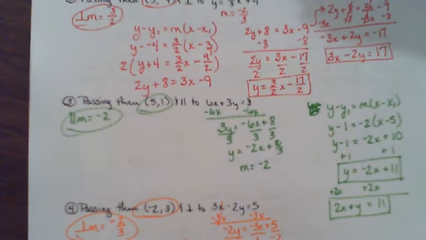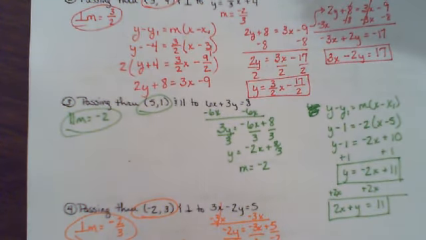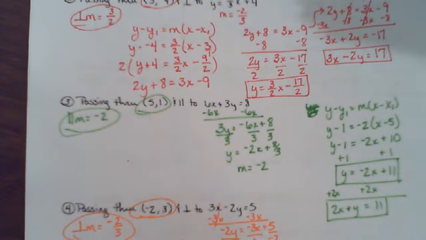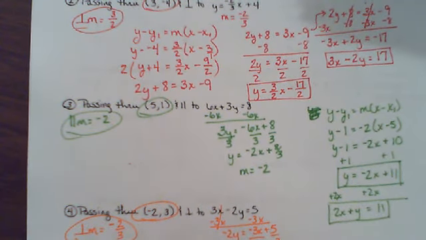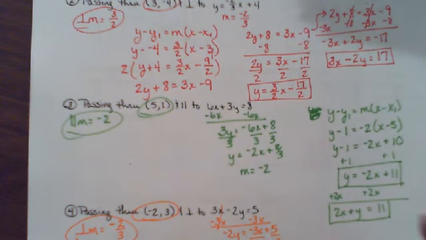We don't want fractions, so multiply everything by 3. 3y minus 9 is equal to negative 2x minus 4. I need to move my 9 to the other side.